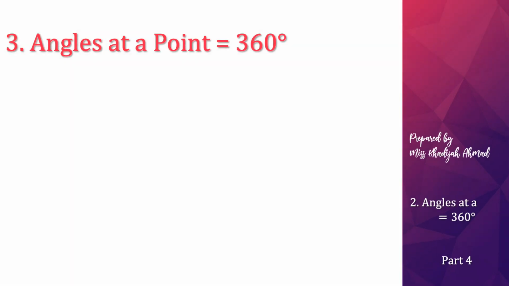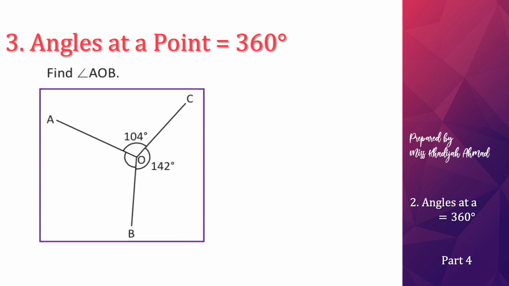Our next example, page 108, question 3A. In this one, as the instruction stated, find the unknown marked angles. So for this one again, you cannot measure using your protractor. You must use the new fact you have learned that the sum of angles at a point is 360 degrees. To find out the unknown angle AOB, we can take away the known angles that are given, which is 104 degrees and 142 degrees.